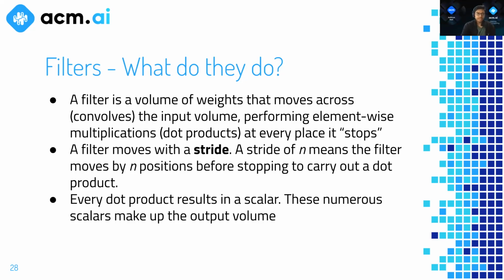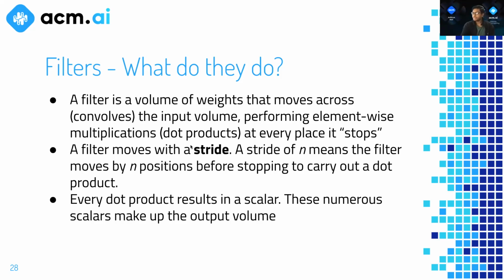As a result, since these filters are moving across the input image, they also need to be a volume, and they will tend to have a smaller width and height, so that they can focus on, as we said before, a certain part of this input image. But they'll obviously need to have the same depth as the input image so that each filter can focus on the different RGB layers of the input image.